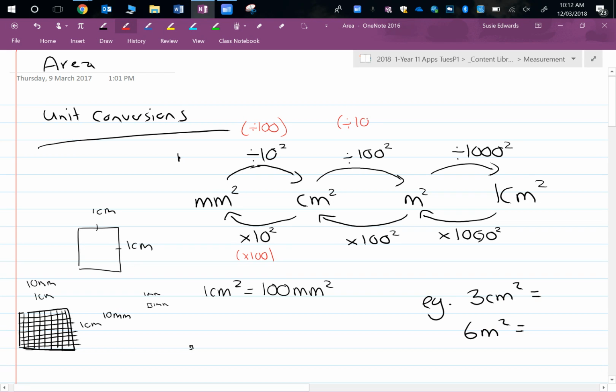Divide by 10,000, times by 10,000. Divide by 1,000,000. So there are 1,000,000 square metres in a square kilometre. Times by 1,000,000.